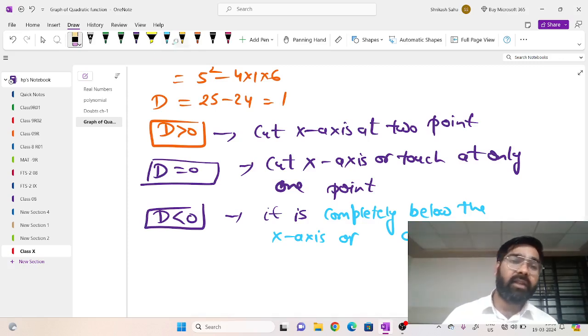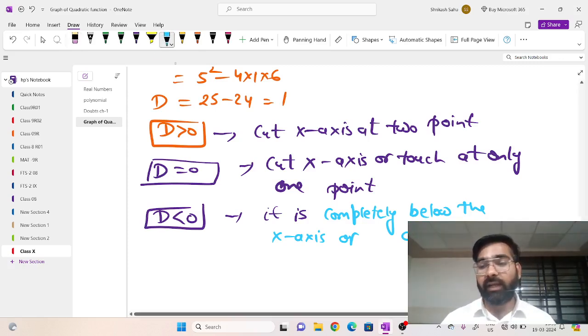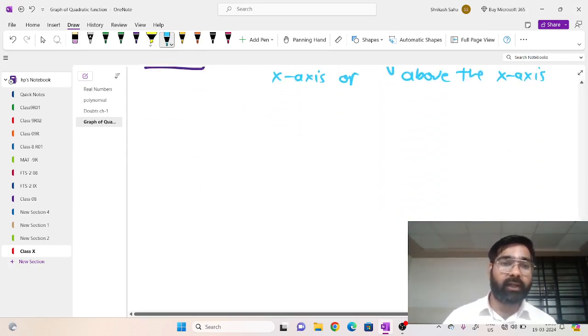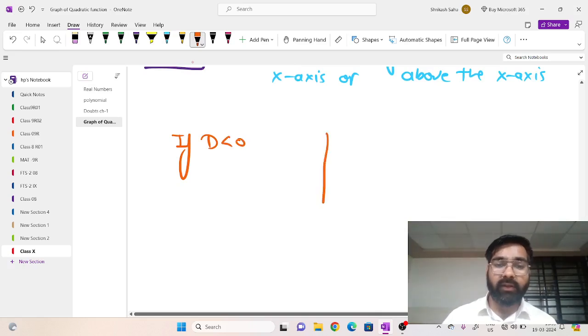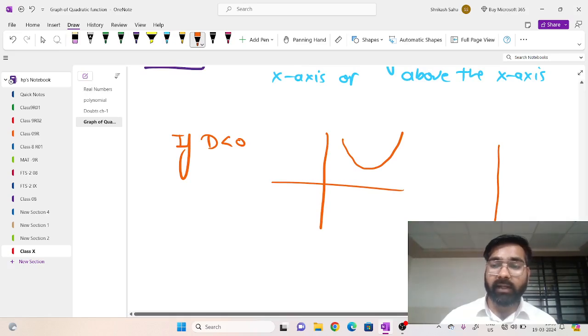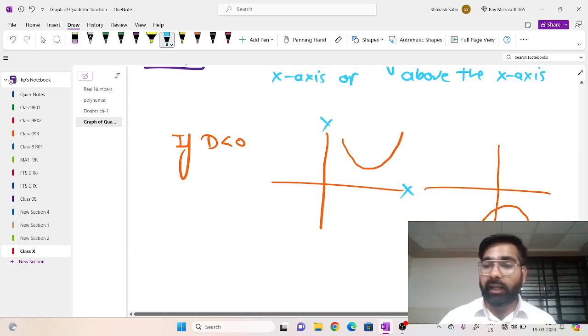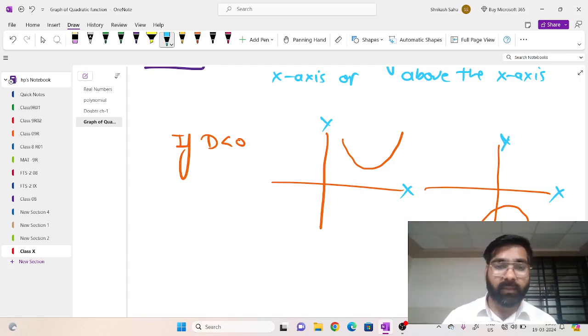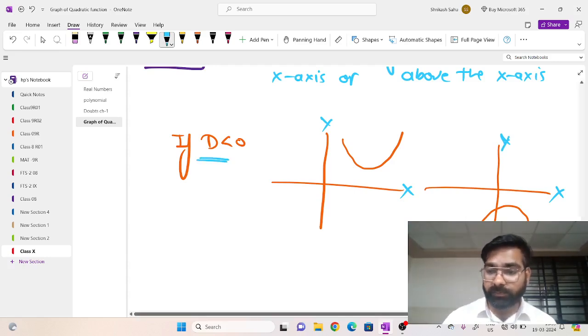It means when the roots of a quadratic function are imaginary, it never cuts the x-axis at any point. If D is less than 0, then we get the graph like this, completely upward or completely downward. It never touches the x-axis at any point in case of D less than 0.